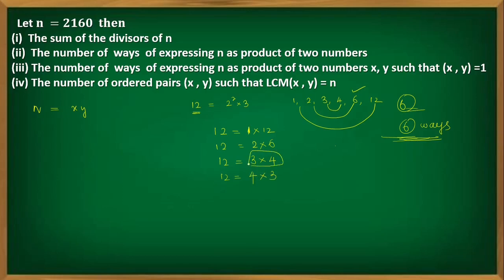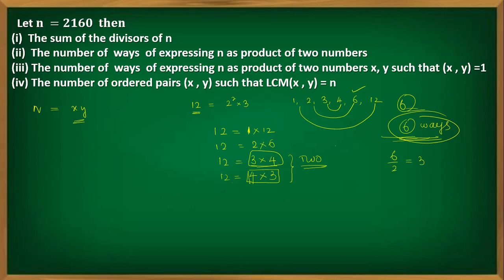This 3 into 4 and 4 into 3 equal to 12 is the same way. So this is counted 2 times. So we are counting the number of ways twice. So the number of divisors is 6, but the number of ways of expressing n as a product of two numbers is half of that, 6 by 2, which is equal to 3.